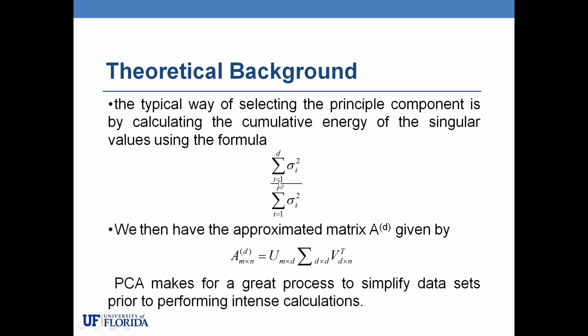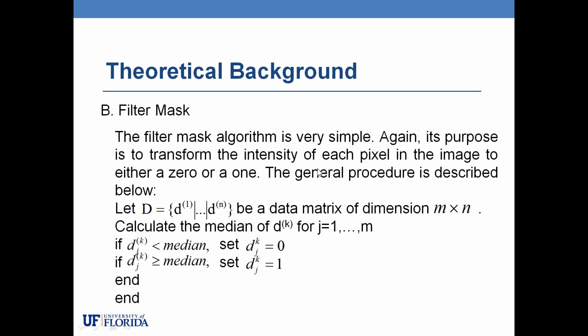We then have the matrix given by this formula. PCA makes a great process to simplify data sets prior to performing intense calculations. The second part of theoretical background is filter banks.